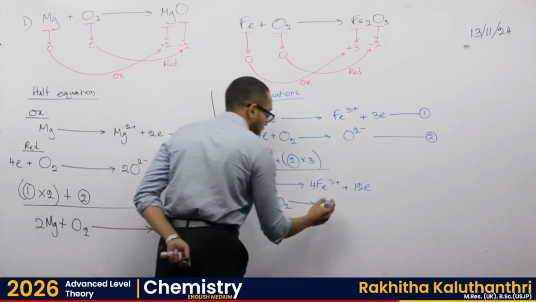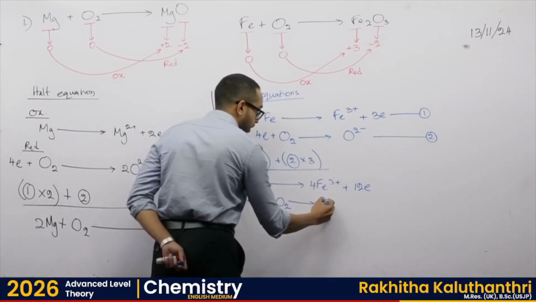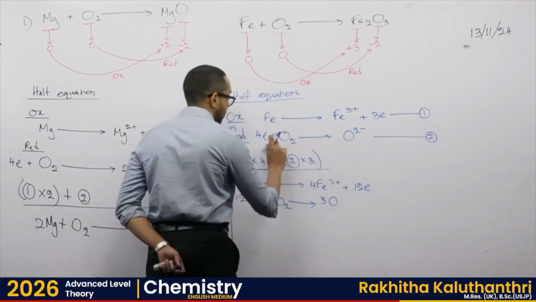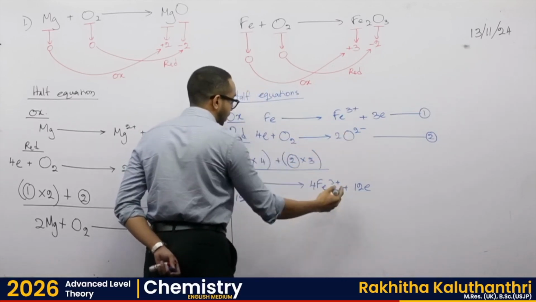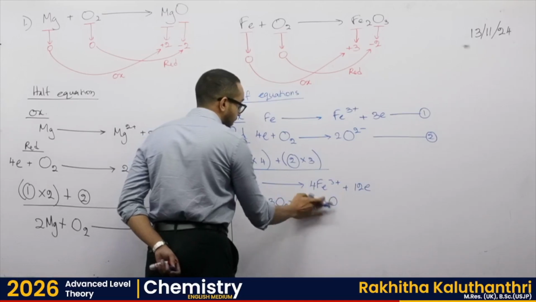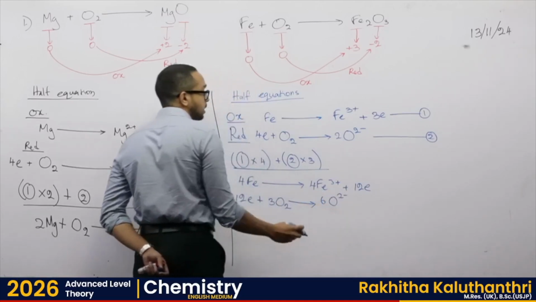turns to... Oh, actually I haven't written the correct number here. This was 2 earlier, so when it is multiplied by 3, it becomes 6 O2-.